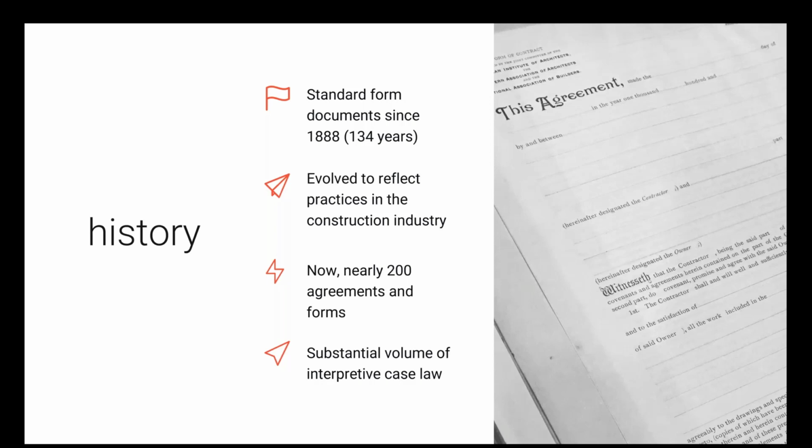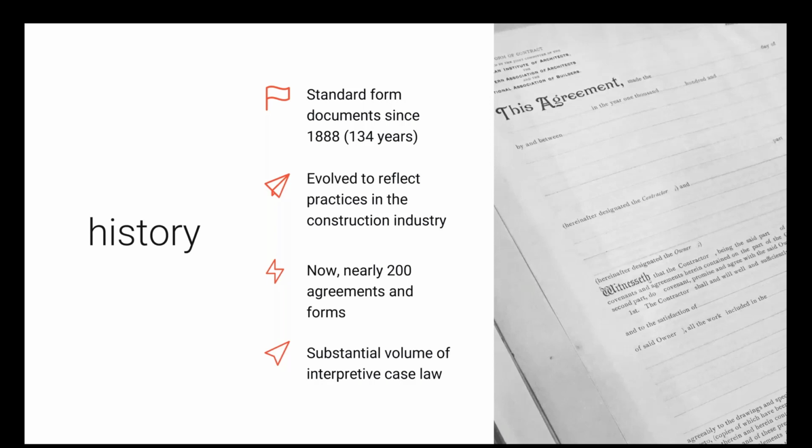As I said, in 1888, the AIA published one document. It was an owner-contractor agreement. It was about 3 or 4 pages long. Since then, the program has expanded to nearly 200 agreements and forms across multiple delivery models, and continues to expand and grow. And we'll talk a little bit more about how you can figure out what the offerings are a little later in the program.